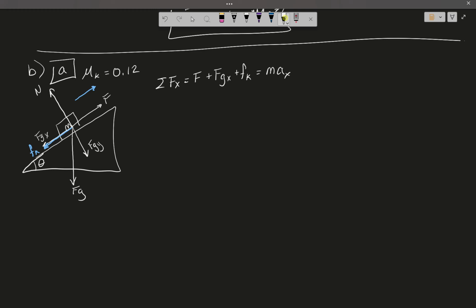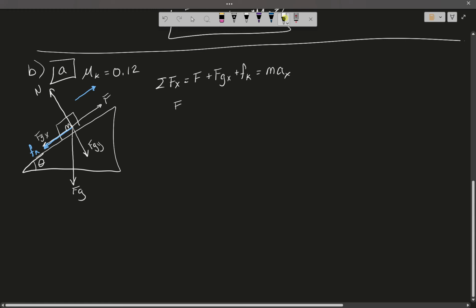I can then replace these forces with their more specific descriptions, right? So I have my force applied. I'm going to include directionality here. So I have minus mg sine theta. And I have minus mu sub k, my coefficient of kinetic friction, times the normal force. And this will be equal to mass times acceleration in the x direction.